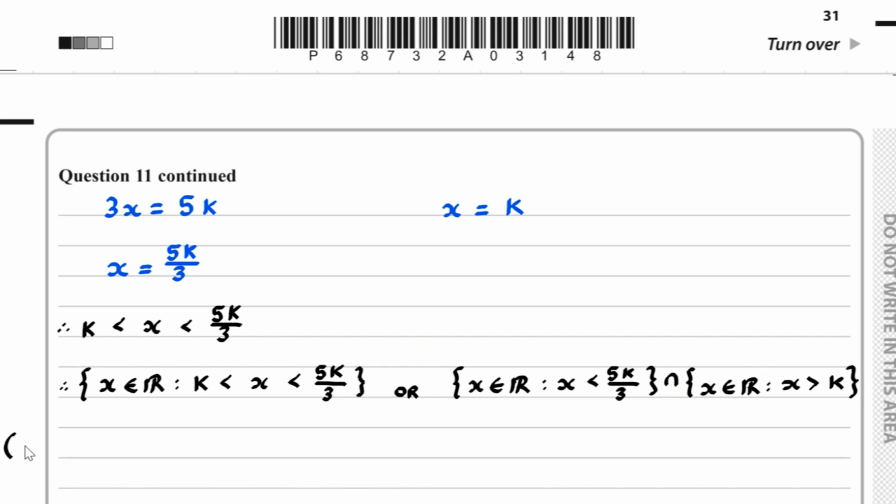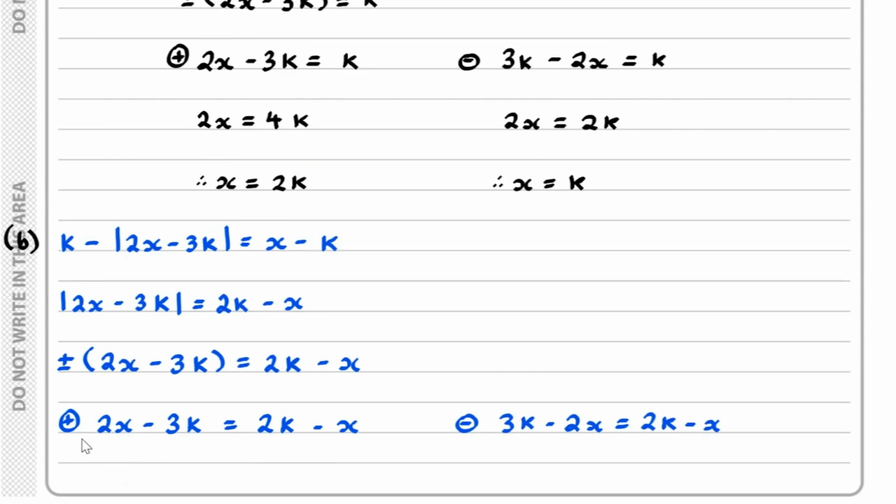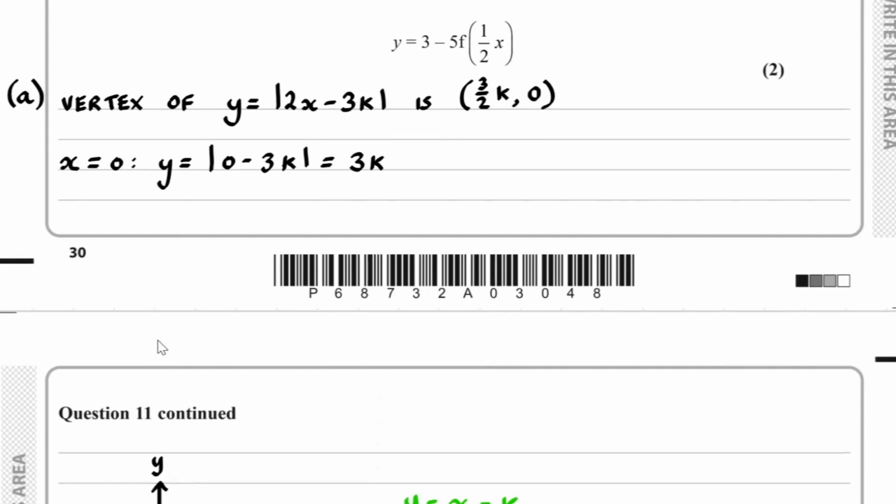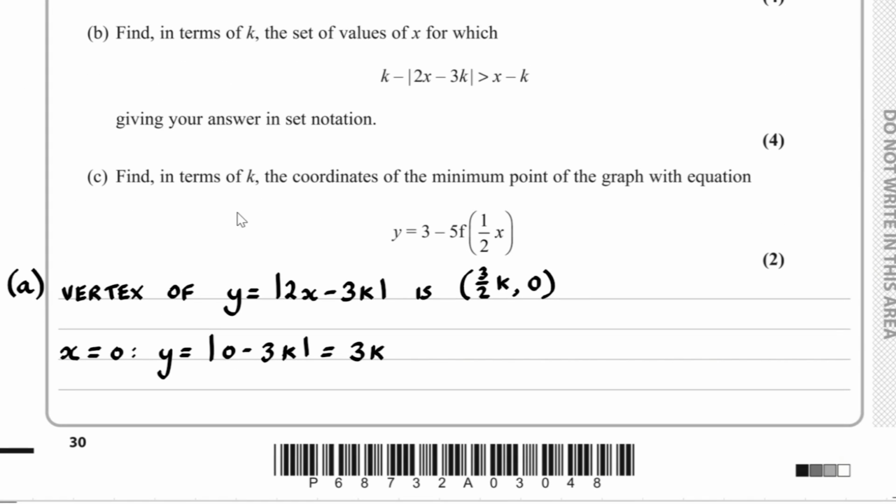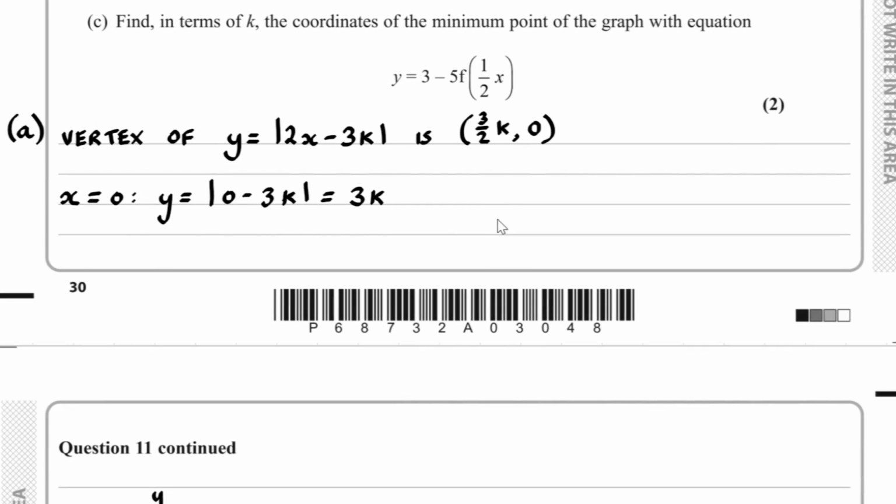Now, for part C of the question, we have to find in terms of k the coordinates of the minimum point of the graph with equation y equals 3 minus 5 lots of f of 1/2 x.